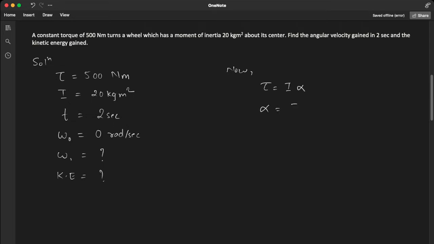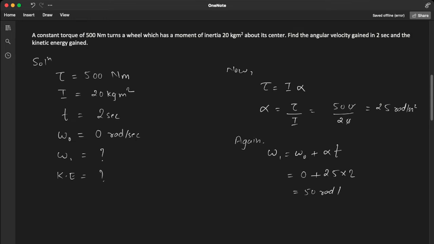So alpha is equal to tau by I is equal to 500 by 20, 25 radian per second square, and then we will use omega 1 is equal to omega naught plus alpha t. This gives 0 plus 25 into 2, that is 50 radian per second.